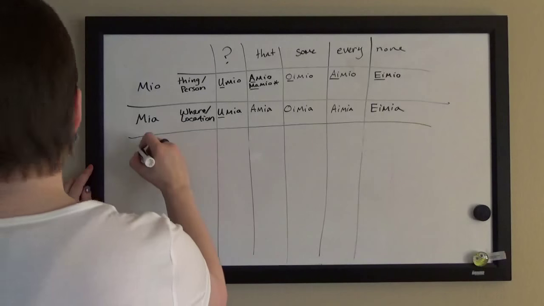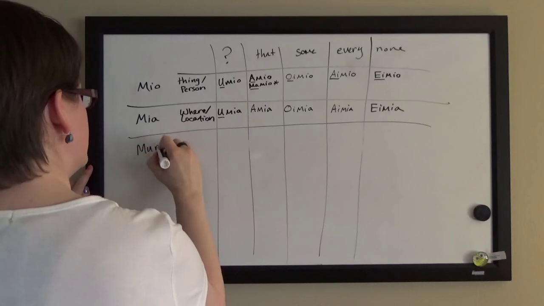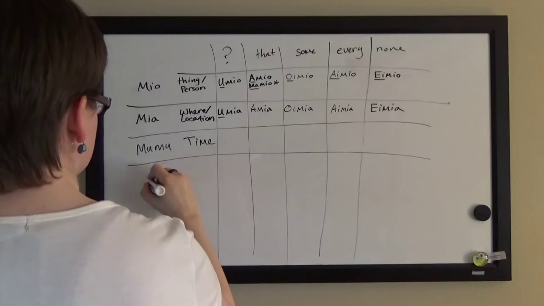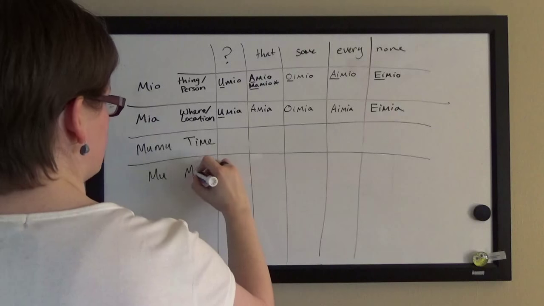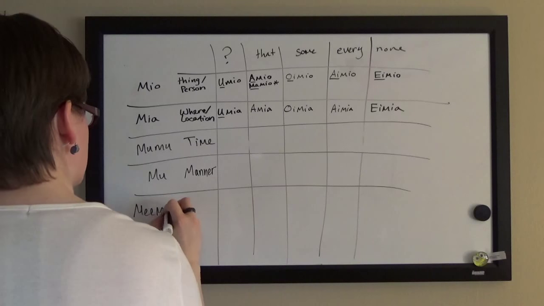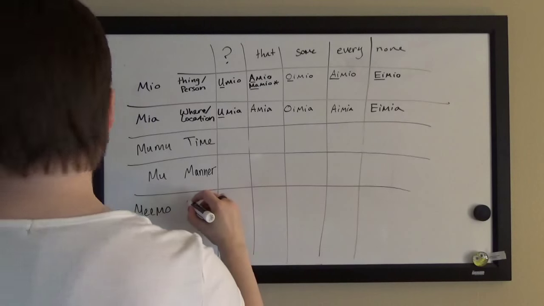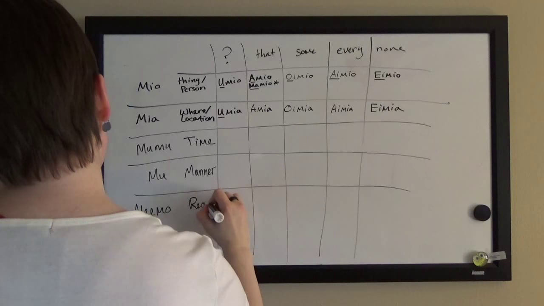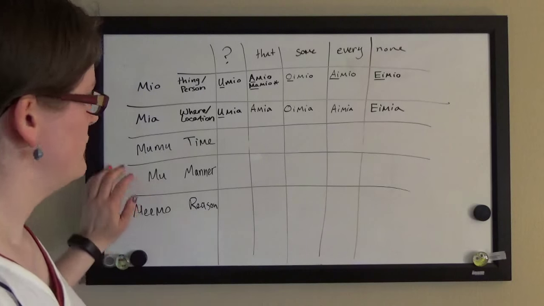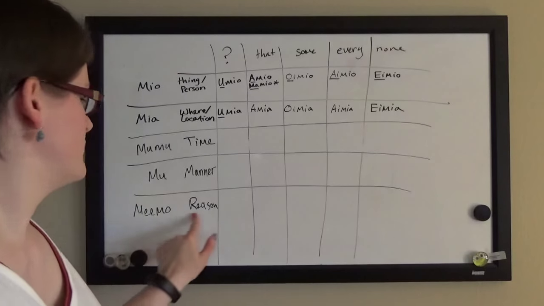Then we have mu for time, mu for manner, like how, and memo for reason. So once this table is filled out, you can say, for what reason did something happen?